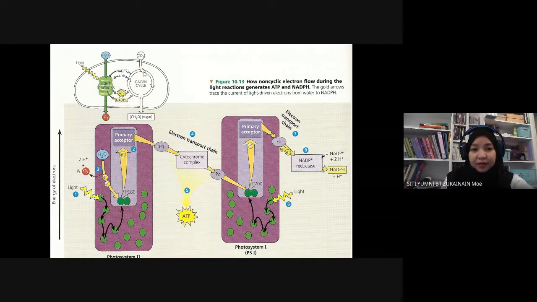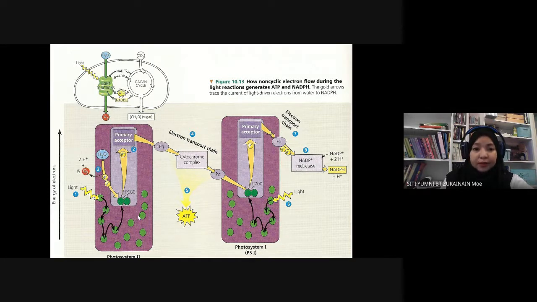And then the Calvin cycle, with the carbon dioxide, will produce food. So the Calvin cycle needs ATP and NADPH from the light reaction together with carbon fixation to produce food or sugar.